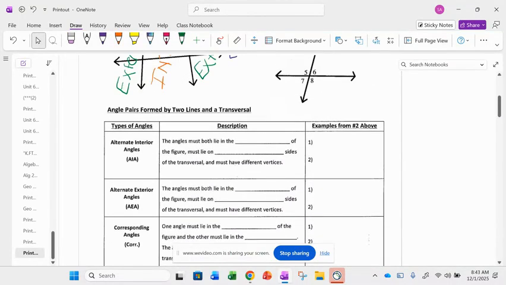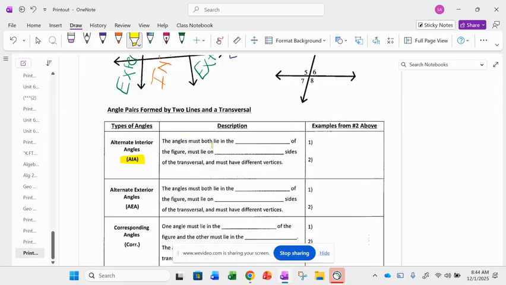Okay, so now we're going to talk about anytime you have two lines cut by a transversal, certain types of angles are formed. The first type of angle is called alternate interior angles. And we shortcut alternate interior angles by calling it AIA, alternate interior angles, AIA. So I'm going to tell you the description, and then I'm going to tell you my shortcut and how I find it.